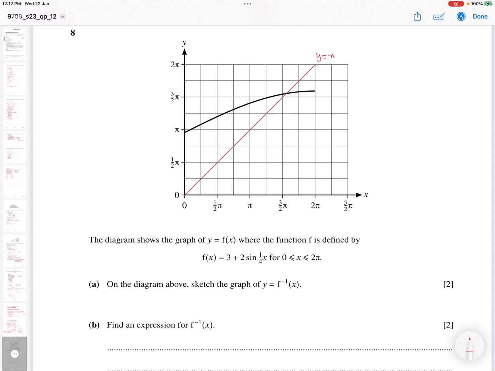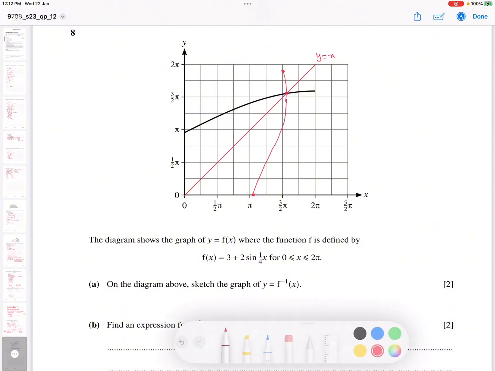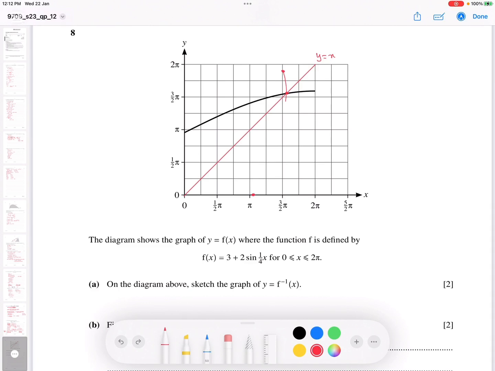So carefully reflect the points. I think it's not good enough. Almost like this.